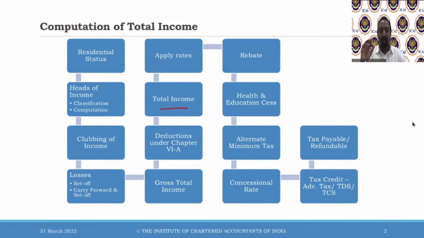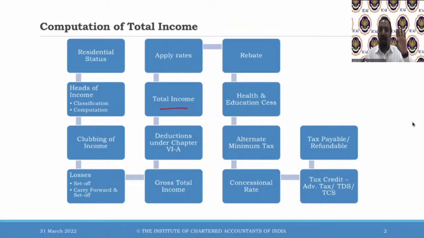With that, whatever you have calculated, you calculate the tax, you provide the rebate. And if there is any surcharge or health and education cess, we provide for that. There is another concept called alternate minimum tax, which also needs to be looked at. Basically, alternate minimum tax means income tax says that I need to pay this, yes, agree.